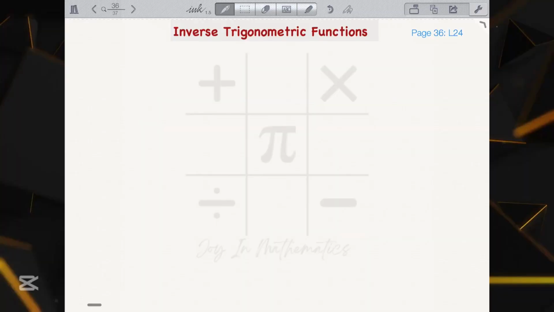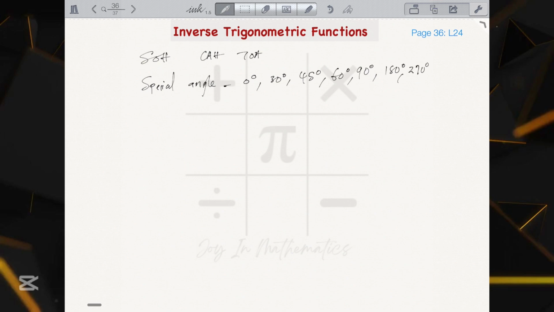Now, in all our previous lessons, we have learned using SOHCAHTOA. We have also learned special angles, where we had a table representing the sine, cosine, and tangent of 0 degrees, 30 degrees, 45 degrees, 60 degrees, 180 degrees, 90 degrees, 270 degrees, and 360 degrees.